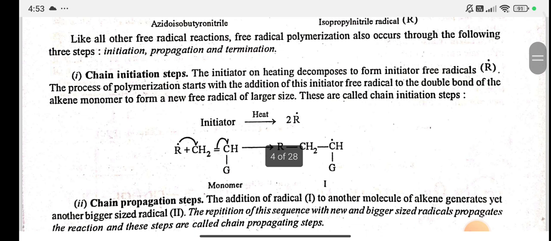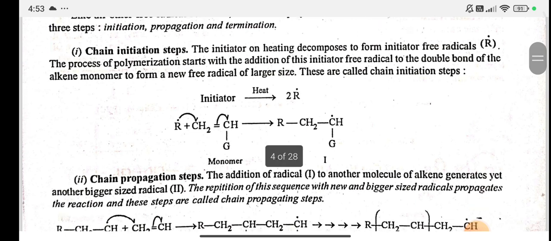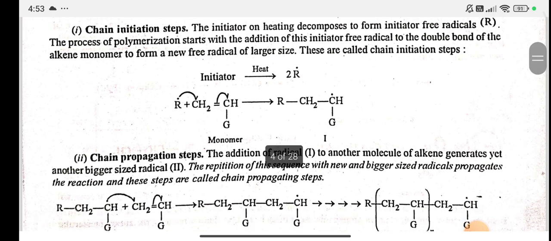Chain initiation step: the initiator on heating decomposes to form initiator free radicals. The process of polymerization starts with the addition of this initiator free radical to the double bond of the alkene monomer to form a new radical of larger size. These are called chain initiation steps.